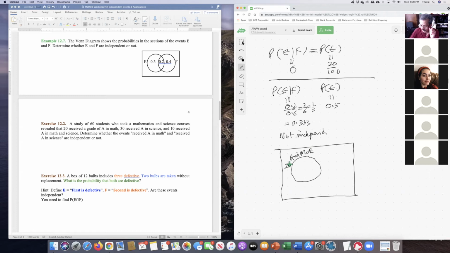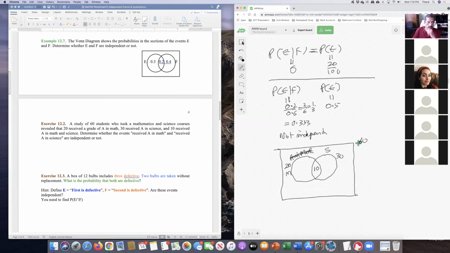I'll call A in math as M. The other one is 30 received A in science, I'll call it S. 10 received A in math and science, in the intersection. 60 students altogether took the test, so 60 in the sample space.